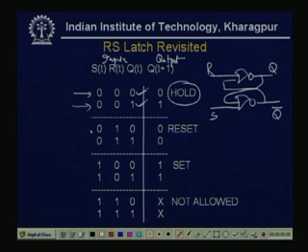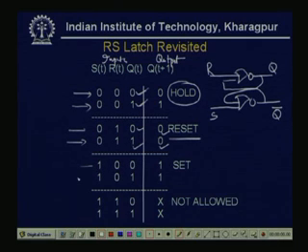Now, when S and R value is 0, 1, then if Qt is 0, that means at the tth instant of time that Q value is 0, then output is 0. Even if it is 1, but the RS value is 0, 1, the output is 0. So, this is my reset condition.